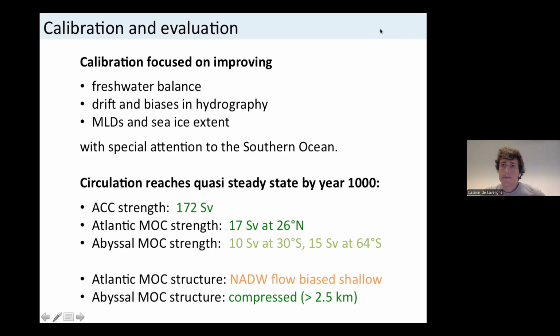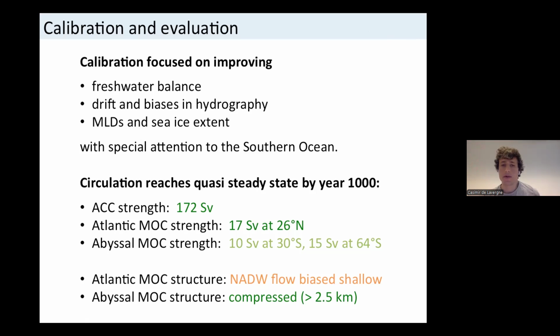Yes, sorry, Casimir. Is this calibration for the model with the new scheme or without the new scheme? That's something I should say from the start. The calibration does not involve the tidal mixing, because essentially I get the same ocean state for different tidal mixing schemes. It's mostly other parameters that I've worked on, but it's true that I used the latest scheme to do the calibration.